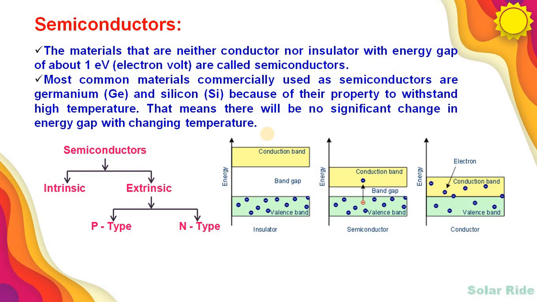That's why we use silicon and germanium. There are many reasons behind it. An insulator does not allow any electron flow. Conductors have less resistance, so electrons flow easily.